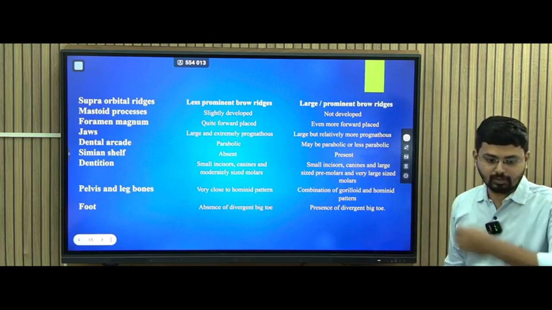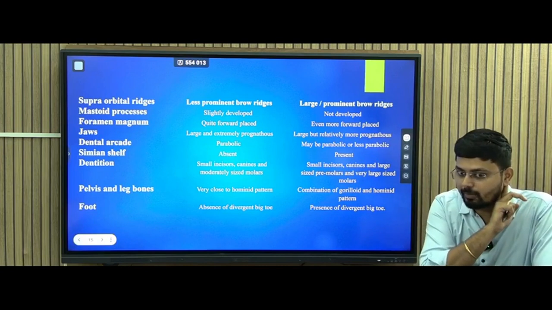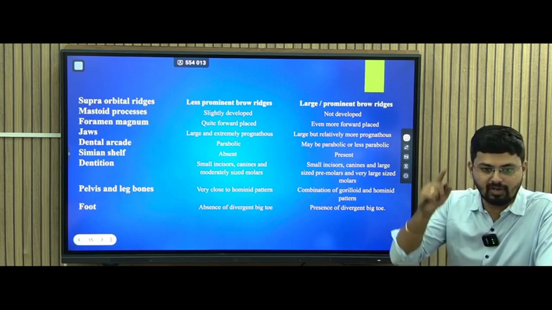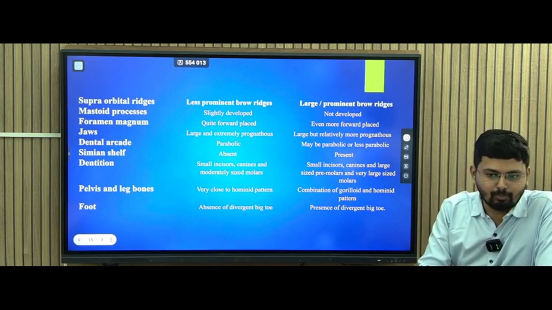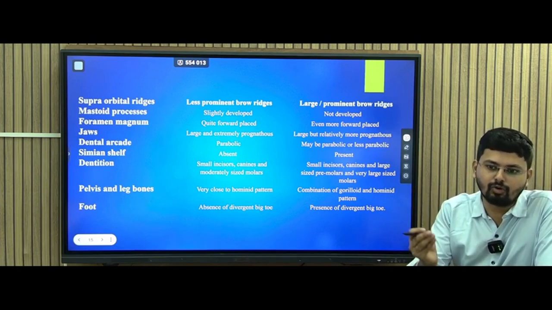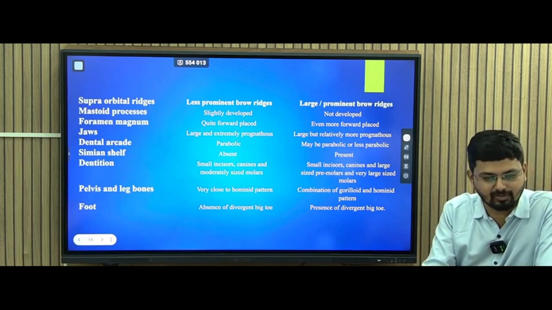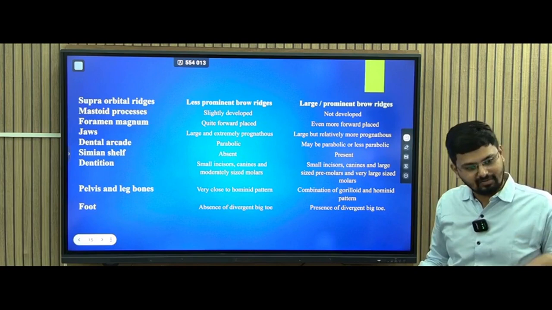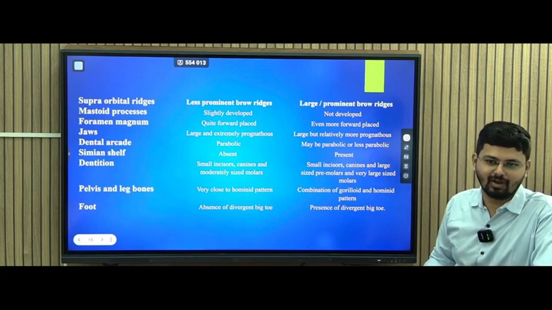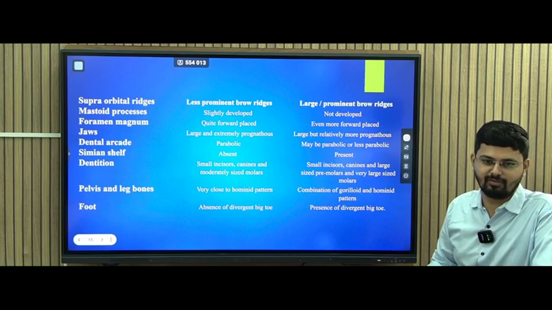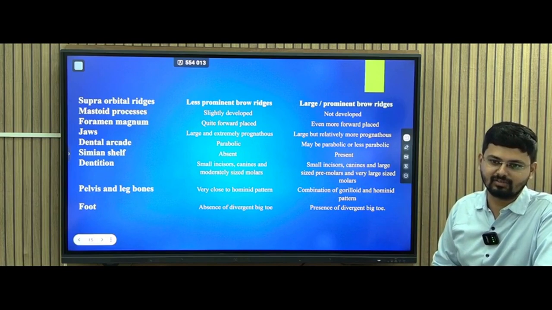So which is closer to humans will have more development with respect to mastoid process, whereas zygomatic bone will reduce. So these words you need to understand. Most of the time what happens is that they don't know what zygomatic process or mastoid process is, and they try to start mugging up things. How far can we do it? One day, two days, two fossils, three fossils, but by the time you go to the fourth fossil, then you leave all the three.